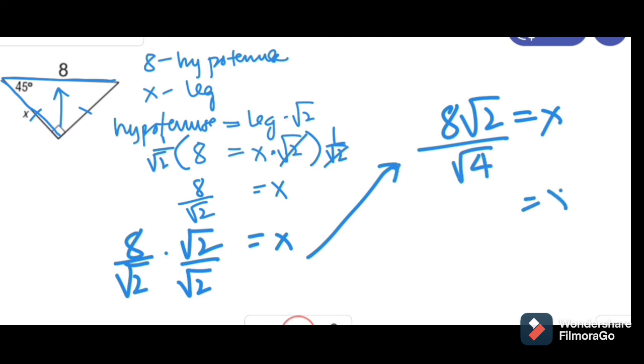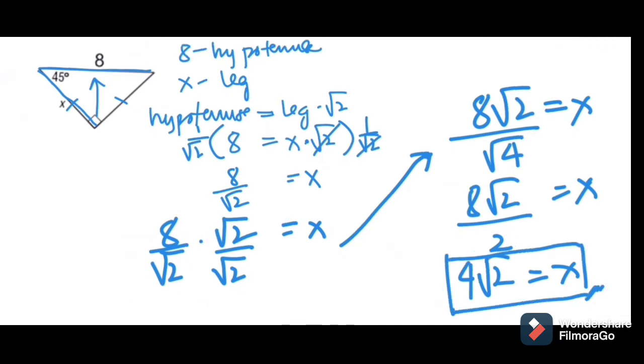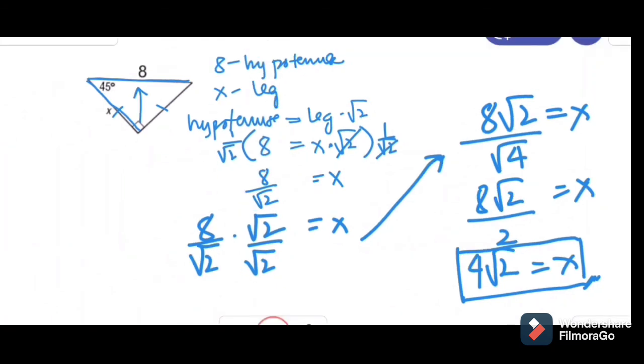Then we simplify: 8 divided by 2 is 4, then square root of 2. So this is now the measure of the leg. x is equal to 4 square root of 2.